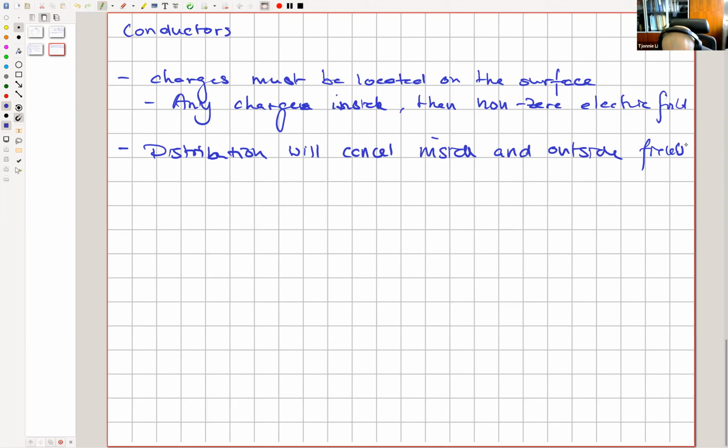Okay, and so what we can do is consider the following two scenarios. One is a spherical shell, and we can consider just a solid sphere.